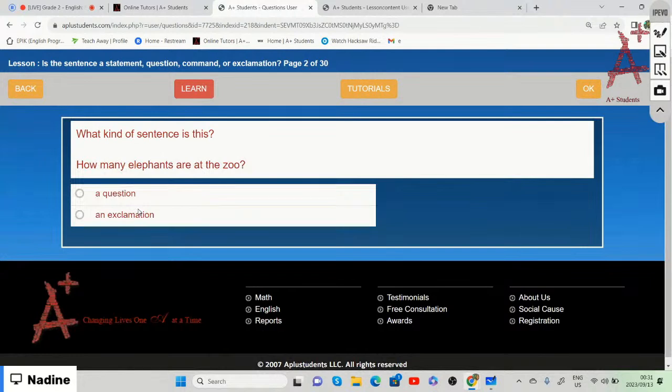How many elephants are at the zoo? What kind of sentence is this? Is this a question or is it an exclamation? The sentence ends with a question mark.